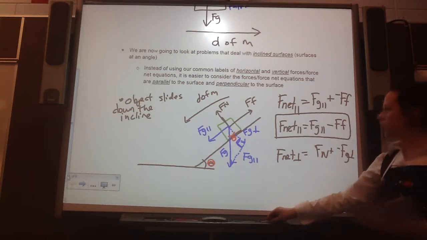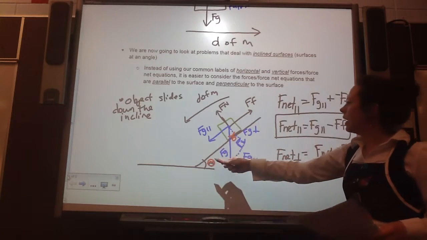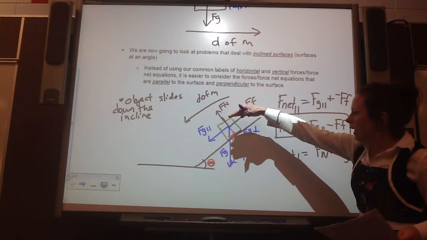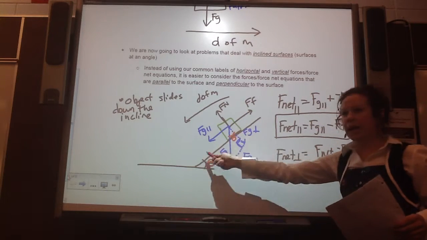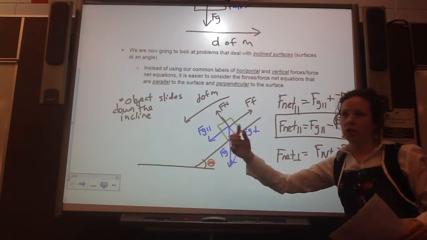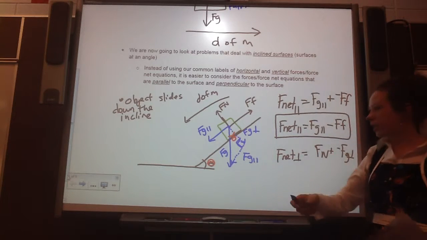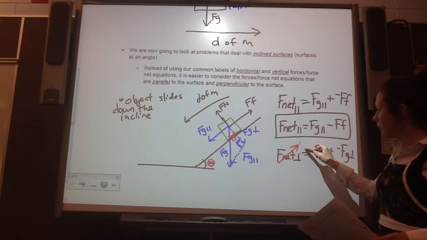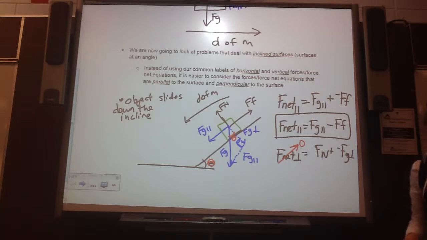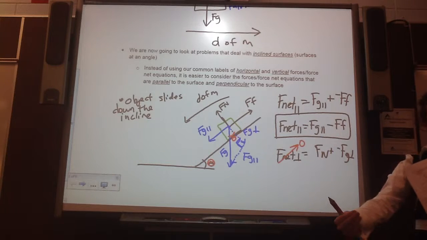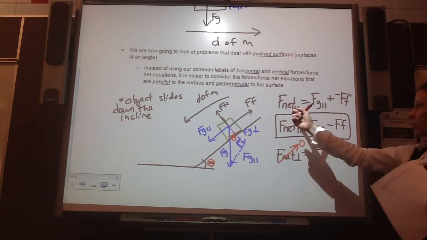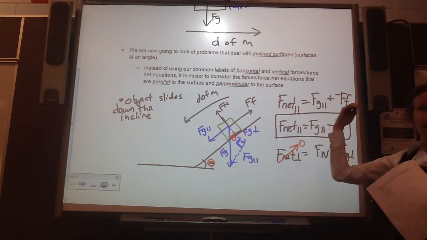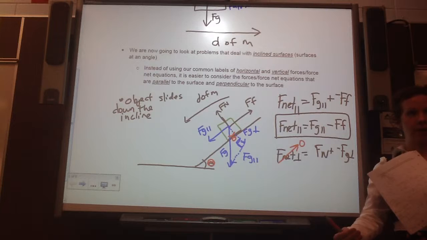When an object is sliding down, is it moving up or down this way? It's just sliding down the incline. So it's not floating up or falling. So we can say F-net perpendicular is 0. The only actual movement of the object is F-net parallel. So when we're trying to find acceleration, we need to find F-net parallel, because that's the actual motion happening.